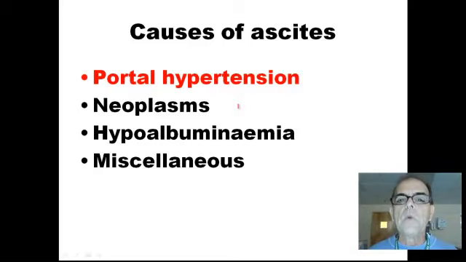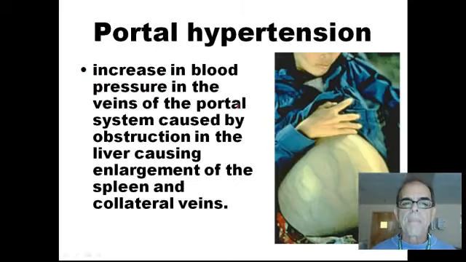and portal hypertension occurs when the blood cannot pass through the liver and accumulates in the portal vein and in the superior mesenteric vein, the splenic vein, all the veins that give blood to the portal vein will be affected. There is an elevation of the pressure in the portal vein and in the veins that give blood to the portal vein.